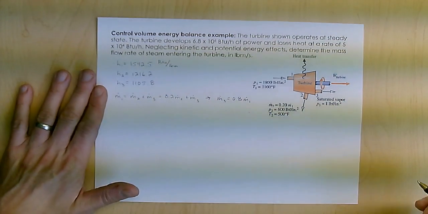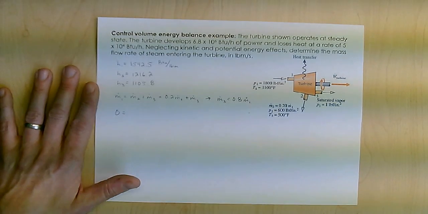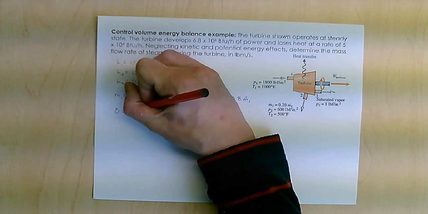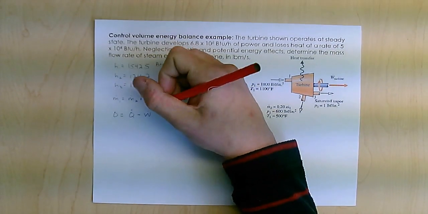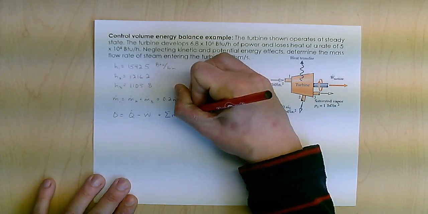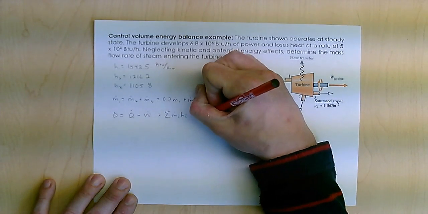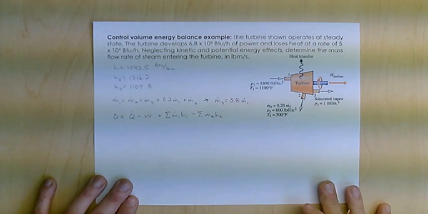Okay, so now we move to our first law equation, right? For steady state, the change in energy is 0. I have no potential or kinetic energy effects, so all I really have is Q dot minus W dot plus mass flow in, H in, minus mass flow out, exit, times H exit, right?